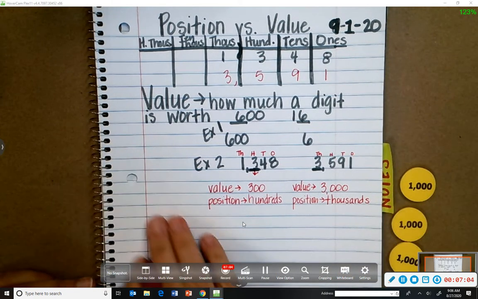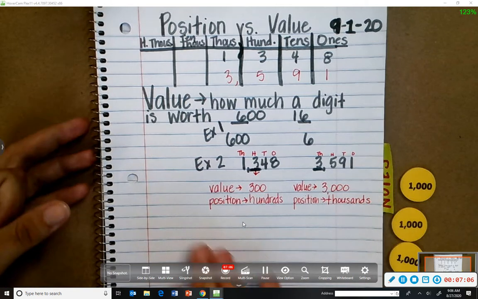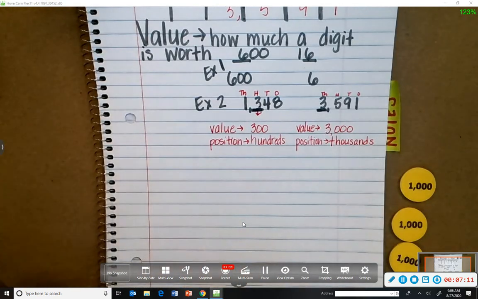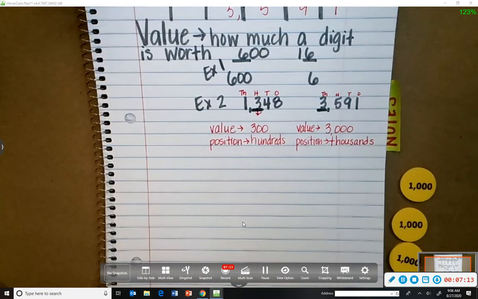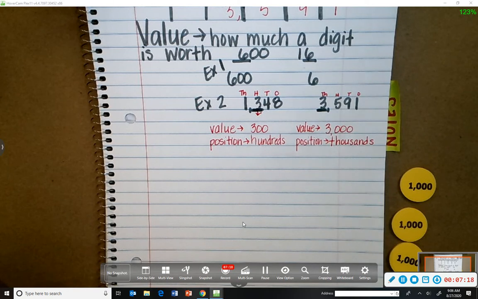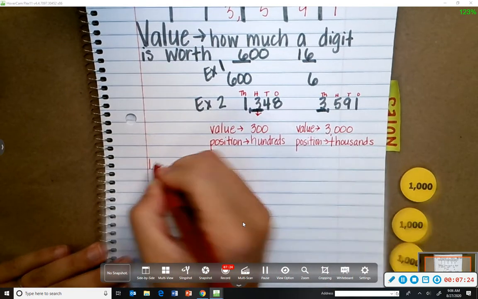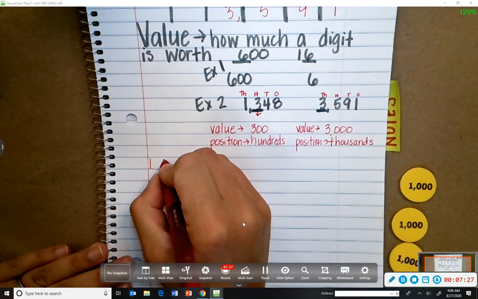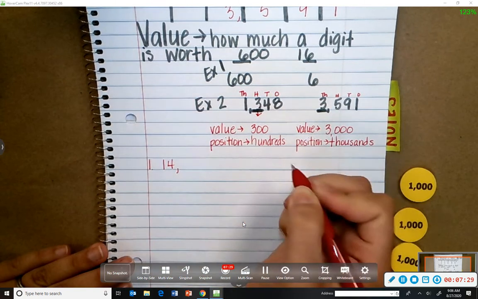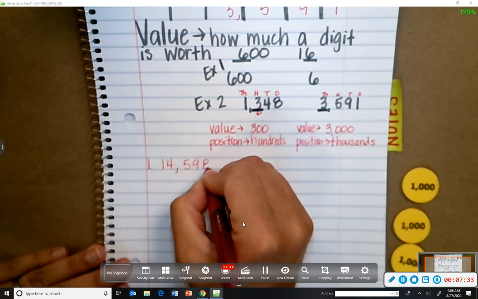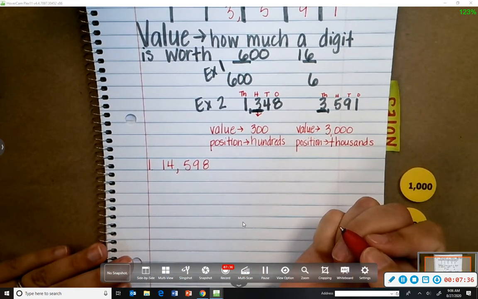Okay. Now what I'm going to do, I'm going to write several numbers going down my spiral. And I want you guys to pause the video and practice writing the value and the place value or the position of the underlying digit. Okay? So let's start with the number 14,598. Okay?